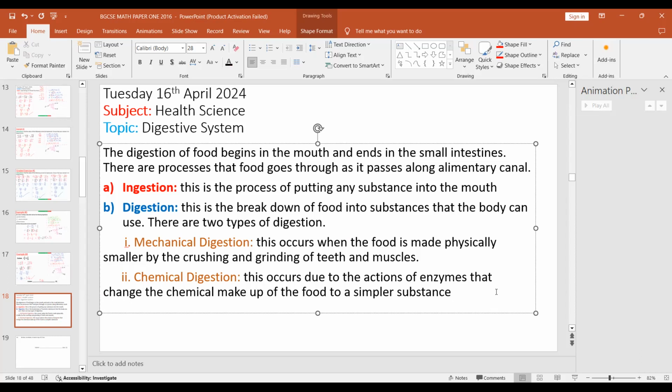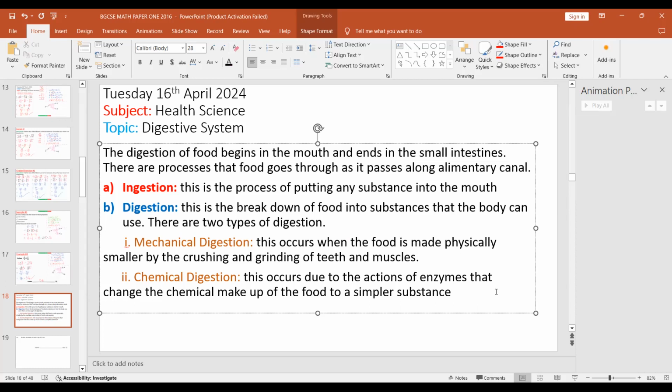And Angel, what is meant by digestion? Digestion, this is the breakdown of food into substances that the body can use. There are two types of digestion. Very good.